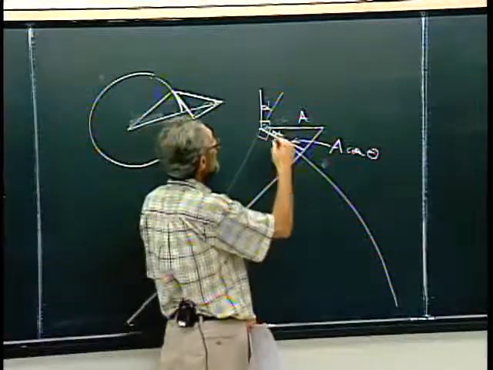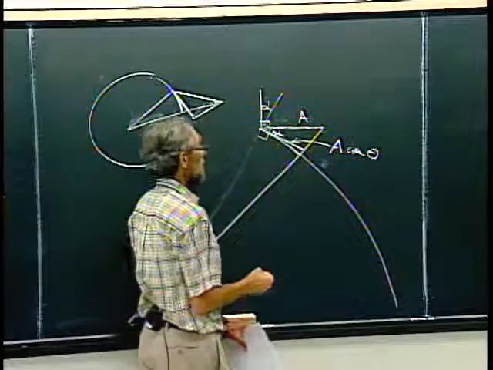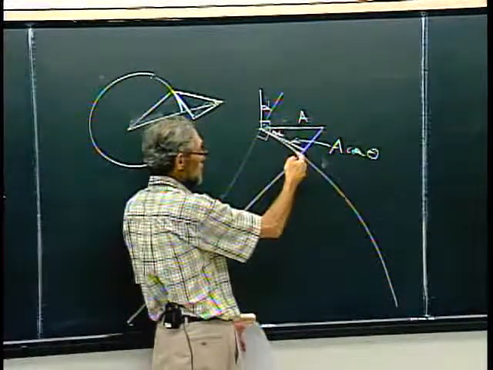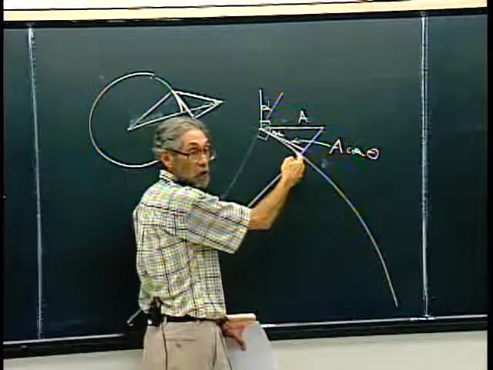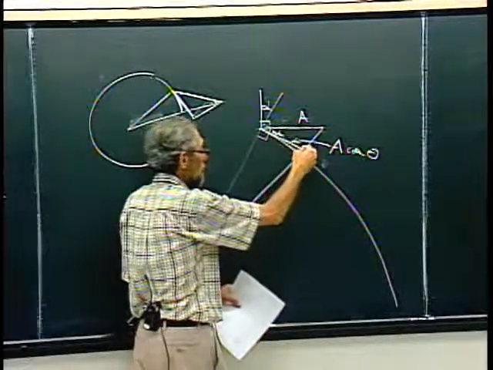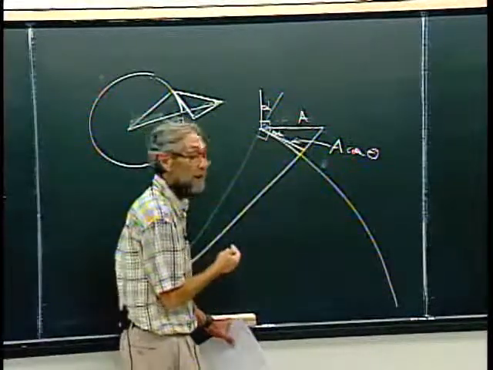Okay, and now my claim is that this area is approximately the same as this area because this is tangent to the sphere. And so if it's a small area, the distortion you get by this slight curvature goes to 0.